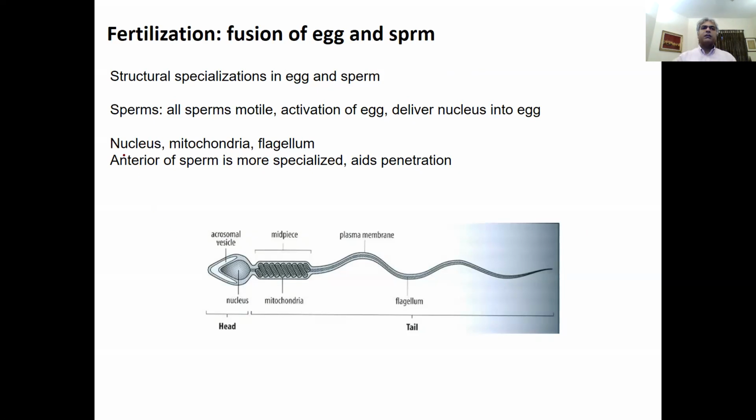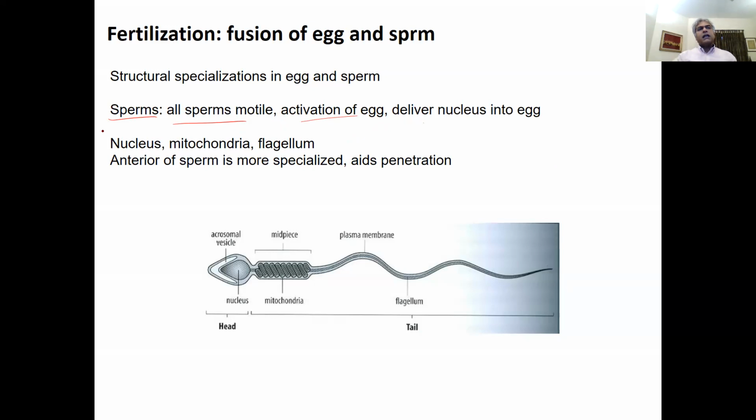Sperm, for example, all sperms are motile, and the entry of sperm into the oocyte is what leads to activation of the egg. And this activation of egg means the meiotic arrest is unblocked, and the cell completes the meiosis.